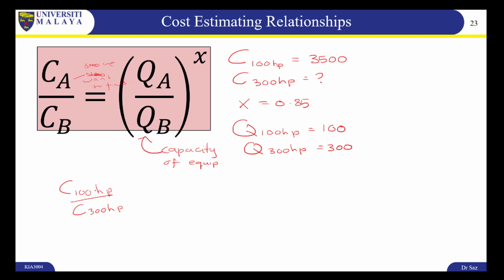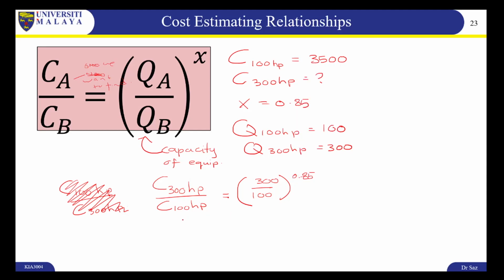Okay, so this is not correct. Let me just, yeah, there we go. So C 300 horsepower divided by C 100 horsepower equals 300 divided by 100 to the power of 0.85.